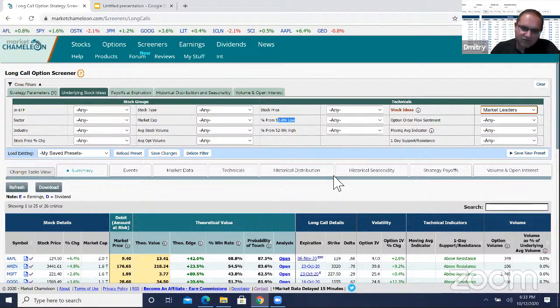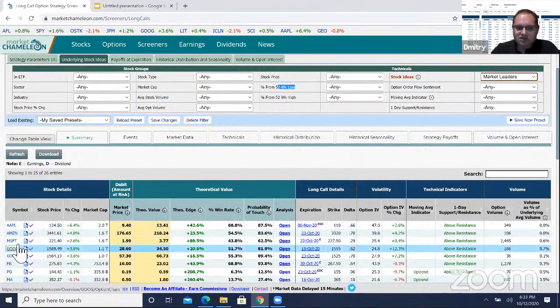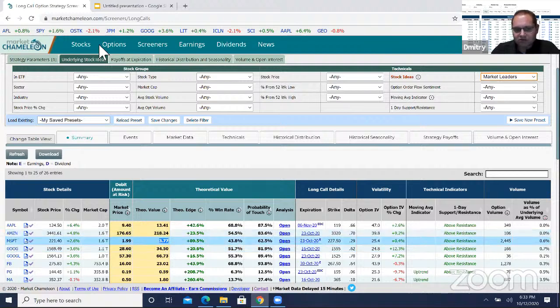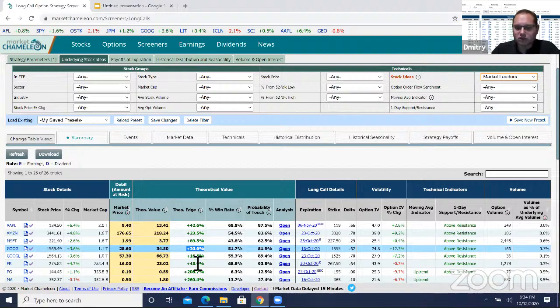And we talked about this before. The idea there is stick with the market leaders, because if they go down, the whole market's going to get pulled down with them. So we've got Apple, Amazon, Microsoft, Google, all. Remember, I still have that set to positive theoretical edge.